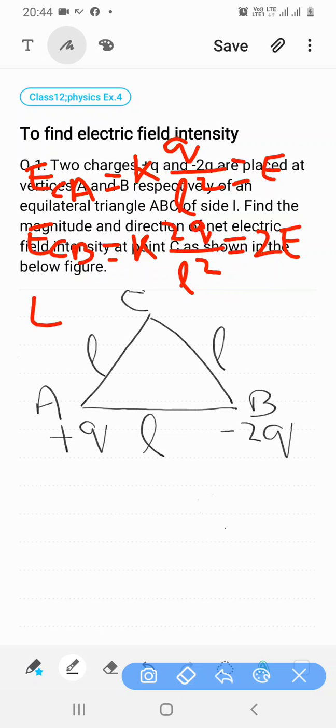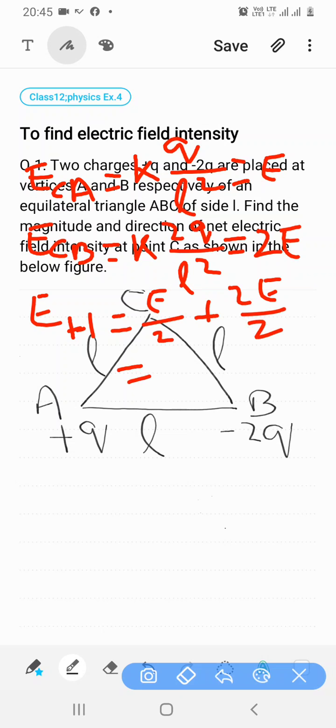Now the horizontal component EH is equal to ECA by 2, that is E by 2, plus ECB upon 2, that is 2E by 2, and this will be equal to E plus E by 2, that is 3E by 2.